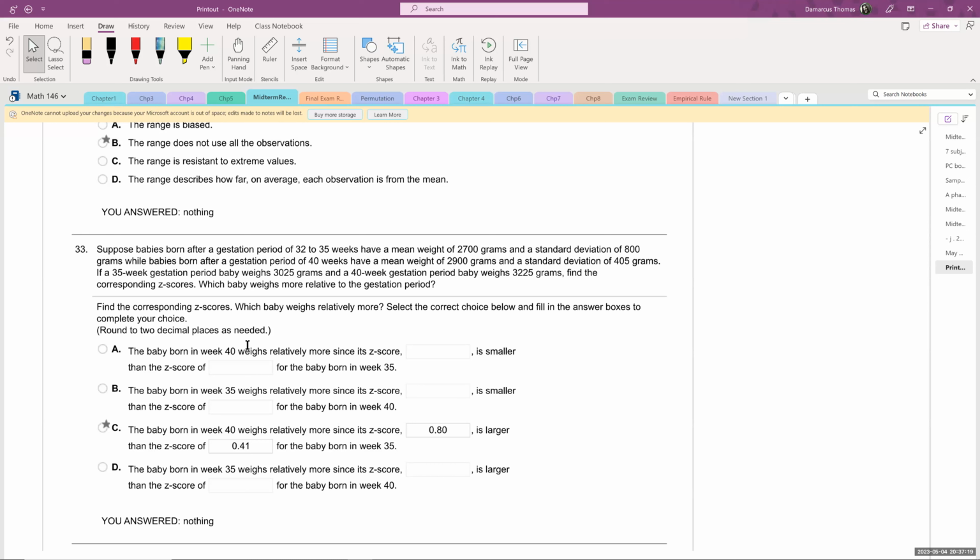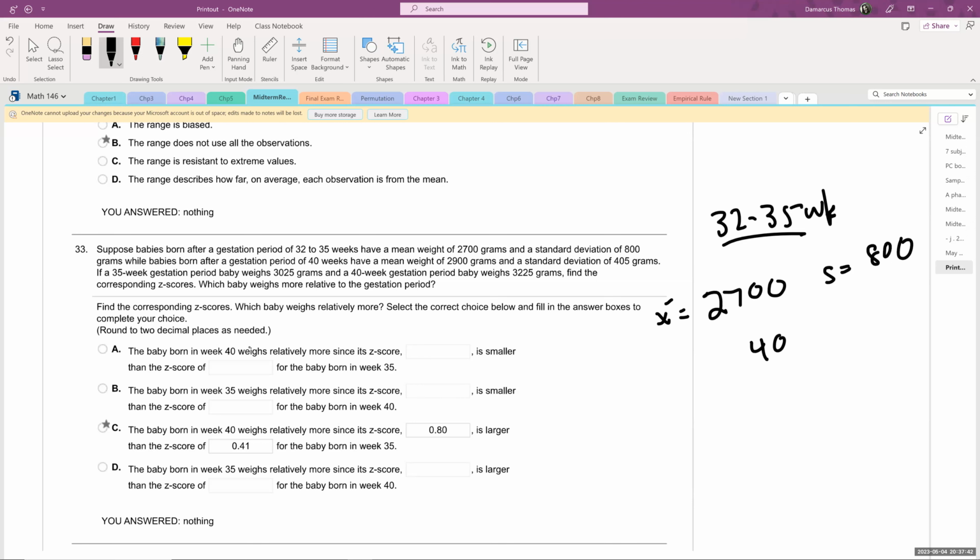Now, if we talk about the first group, 32 through 35, the mean was 2,700, and I'll just put X bar, and the standard deviation was 800. And then for 40 weeks and higher, the mean is 2,900 with a standard deviation of 405.